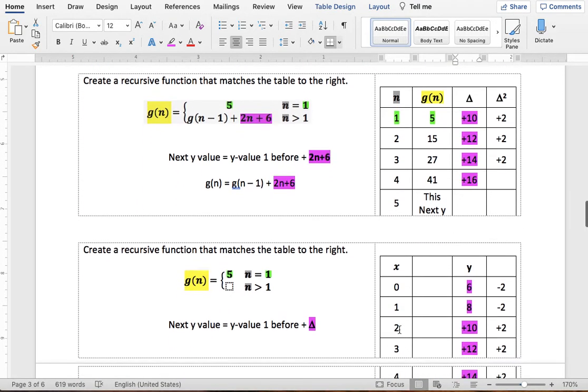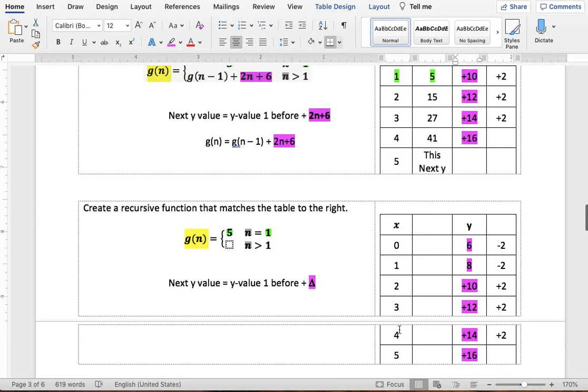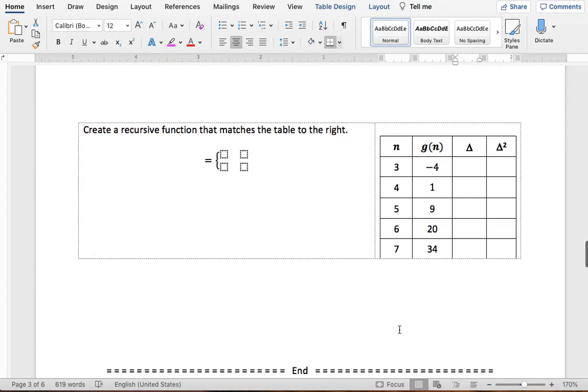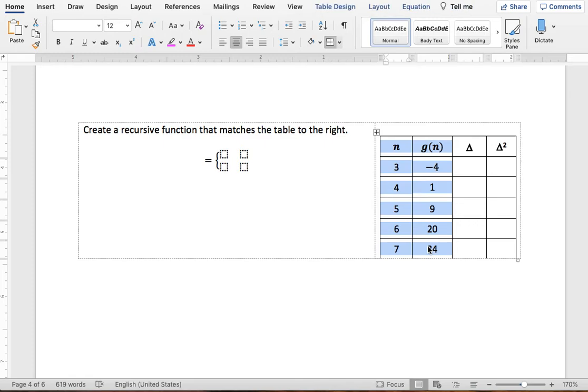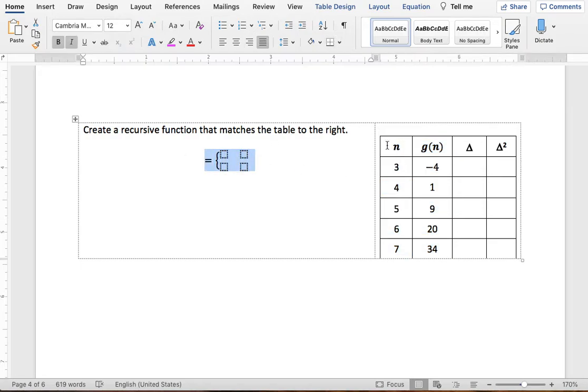Let's have you practice one now. So if we have this table of values right here, I want you to copy that down, try it, hit pause the video, copy that down, try to create the recursive equation that matches this.